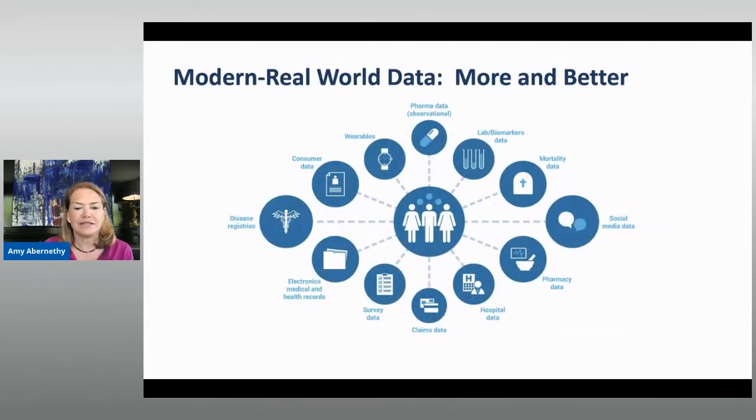So that brings us to this space of modern real-world data. And as I think about modern real-world data, I recognize that high-quality real-world data is available from many other sources, including electronic medical records, wearable devices, laboratory reports, and others.